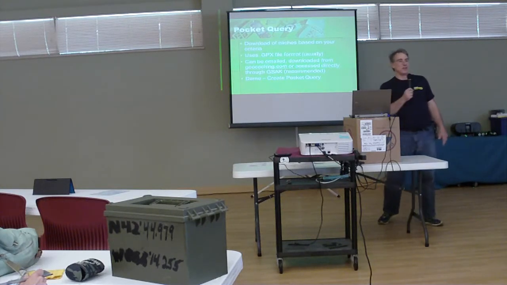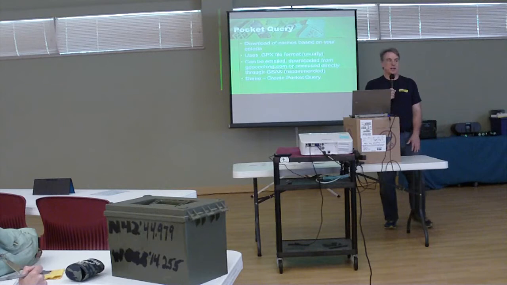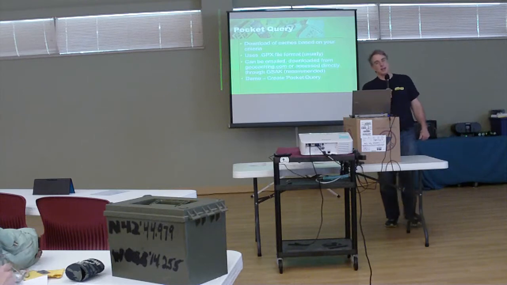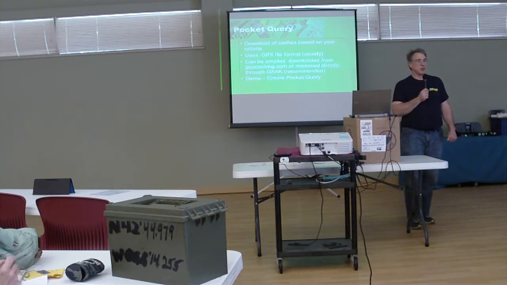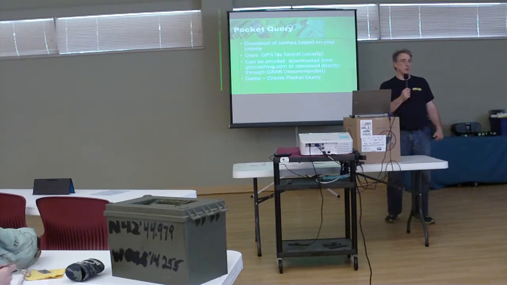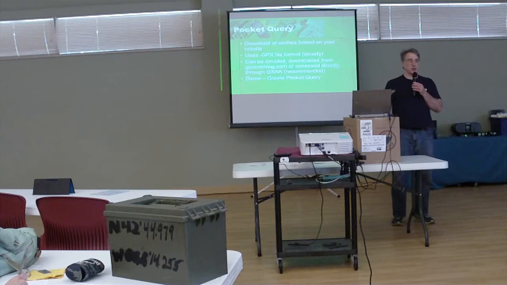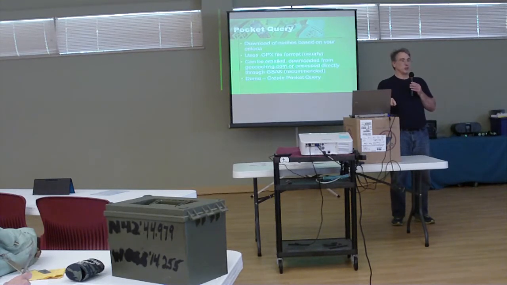All right, so the next thing I'm going to talk about real quick is a pocket query. I'm guessing there are a few of you here that don't know what I'm talking about when I say pocket query. If you go to geocaching.com and you want to get a list of caches and you're a premium member, you can generate what they call a pocket query. And that basically is just you go in and specify, I want to start from this particular coordinate.